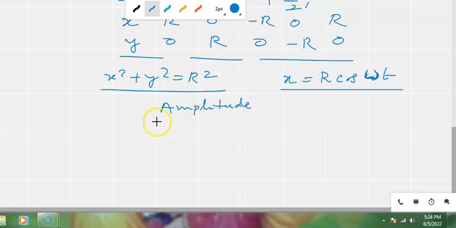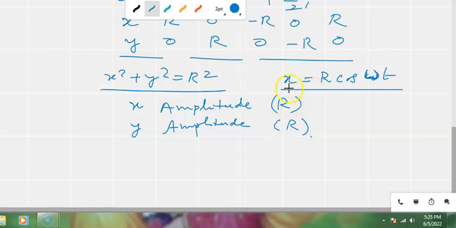The x coordinate is oscillating with an amplitude of r. It goes from plus r to minus r. The same is true with the y amplitude as well; the amplitude is equal to r.